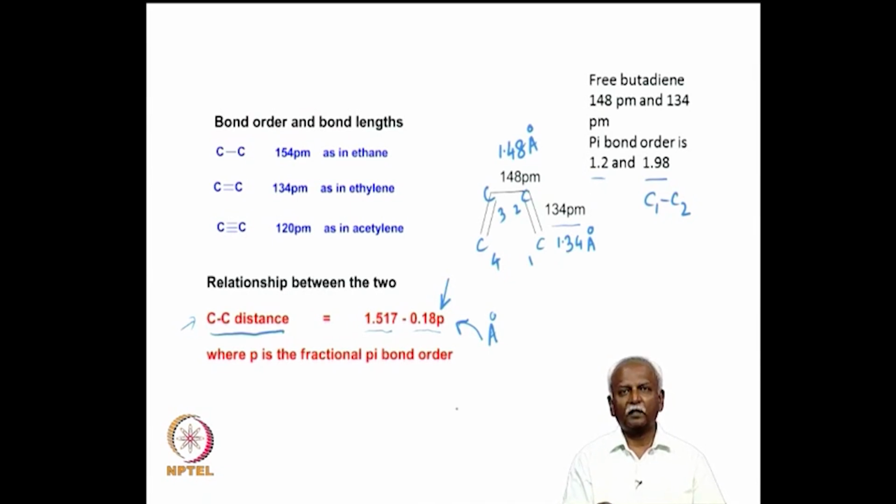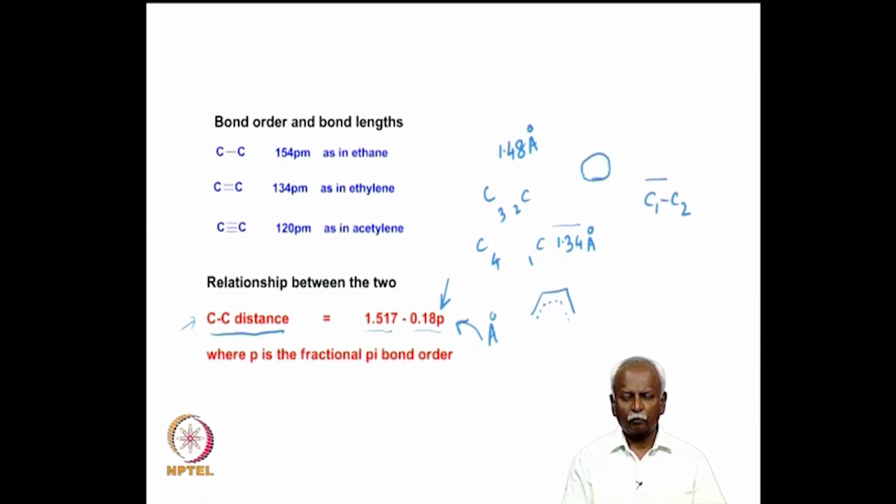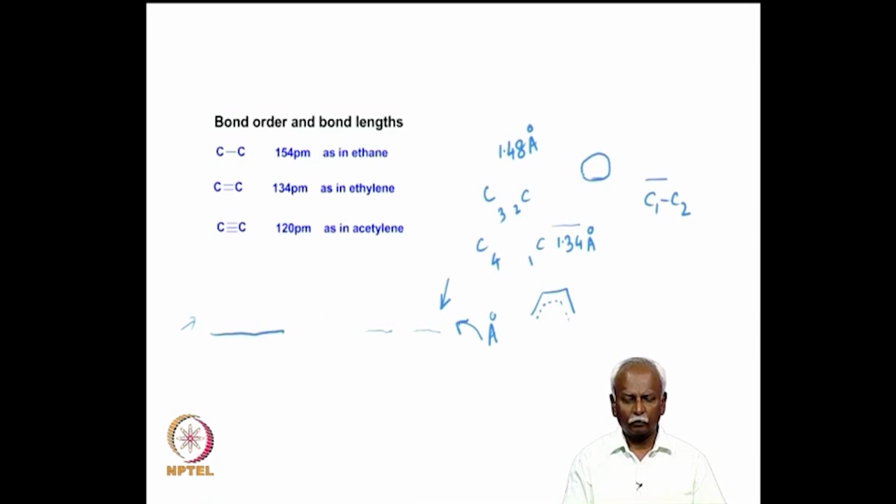So, we know that there is a delocalization between the 4 carbon atoms. We sometimes indicate it like this, by this partial pi bond order of 0.2, and the total bond order is 1.2. So, let us proceed further now.